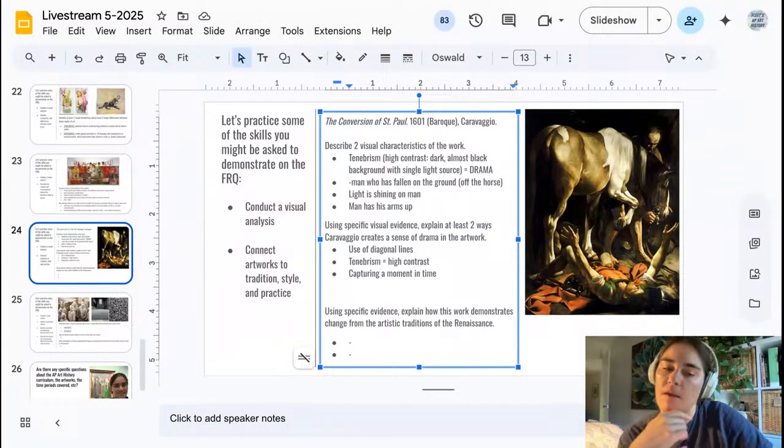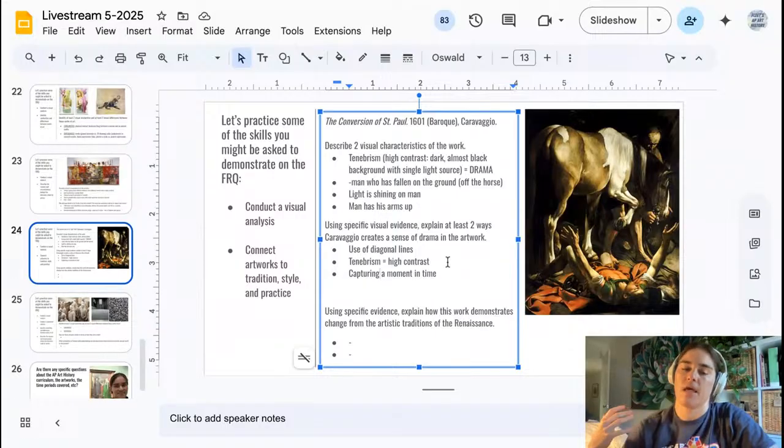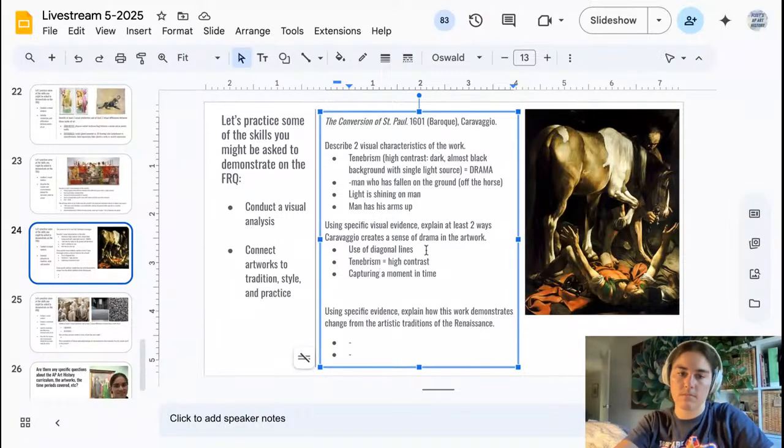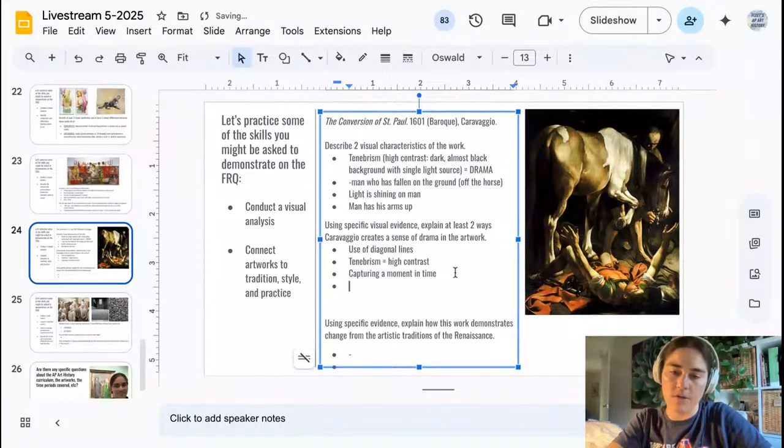Yes, but you'd have to basically describe how this contrast is creating a sense of drama. Right? Yeah, you could talk about the gesture or the expression of the figures as well.